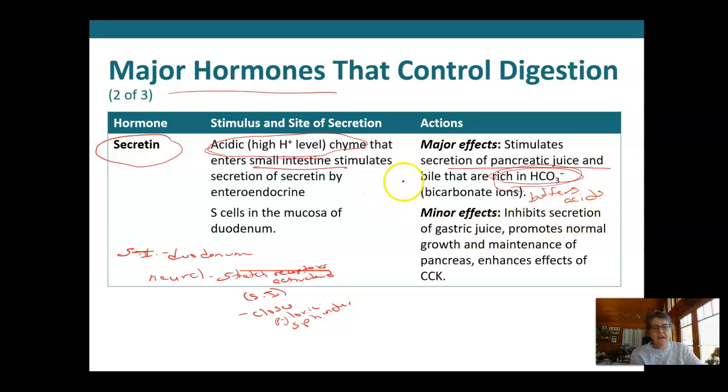And the other thing that it does, like CCK, is slow down the stomach so that the small intestine has time. And growth and maintenance of the pancreas. Sure, whatever.